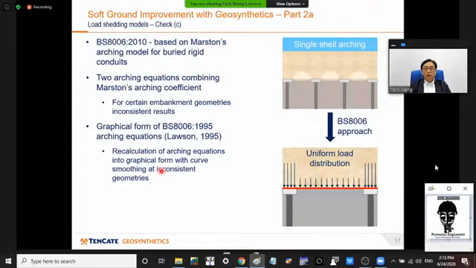And BS8006 is based on the combination of single shell arching and a uniform load distribution onto the reinforcement geotextile.